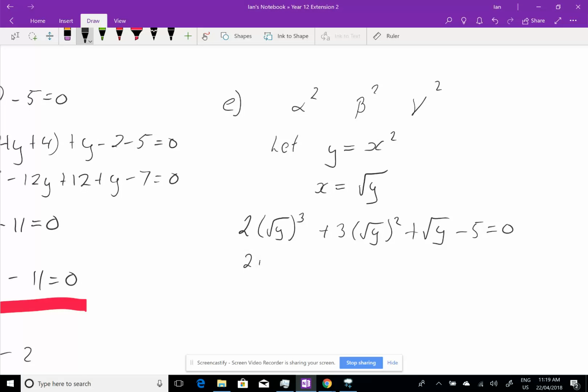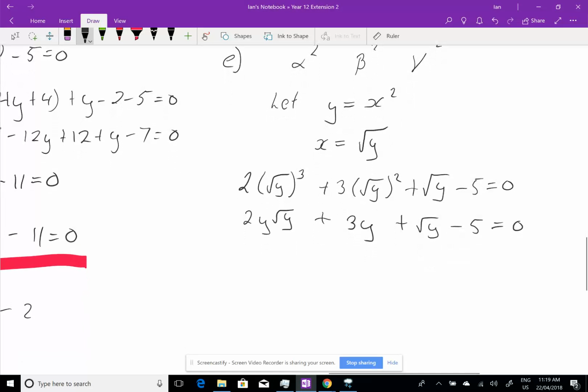So I get 2y root y, that's why our surds were important, plus 3y plus root y minus 5 equals 0. And immediately you're thinking to yourself, oh, I'll just multiply by root y. But if we do that, we're still going to have a root y in there. And we want to get this so that there are no surds. So let's bring the root y's together.